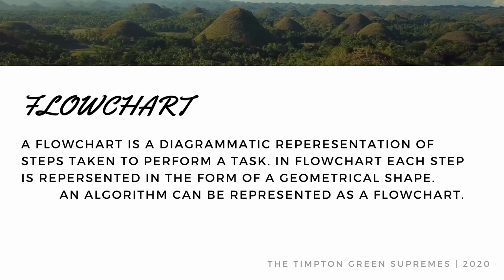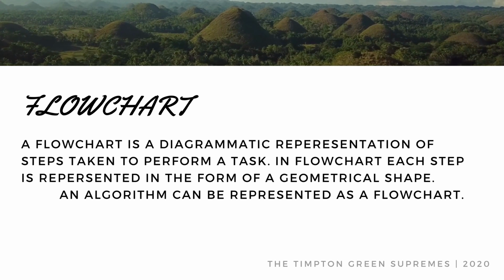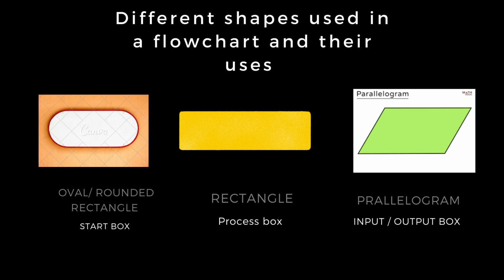So let's see the shapes we have in flowcharts. The first shape is the oval or rounded rectangle. You can say either oval or rounded rectangle, but in a flowchart we call it the start box.